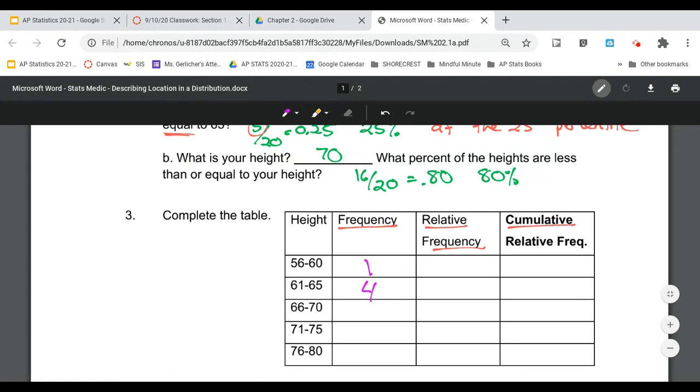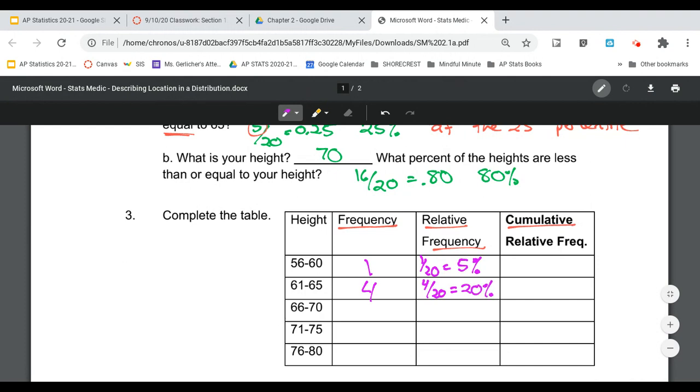So if frequency on the first row was 1, the relative frequency is the percent of the whole. So that's 1 divided by 20. And if you do that as a decimal, 1 divided by 20 is 0.05 or 5%. In fact, it might just be easier if we just call it a percent. So 5%. For the 4 in 61 to 65, let's turn that into a relative frequency. 4 out of 20 is 20%.